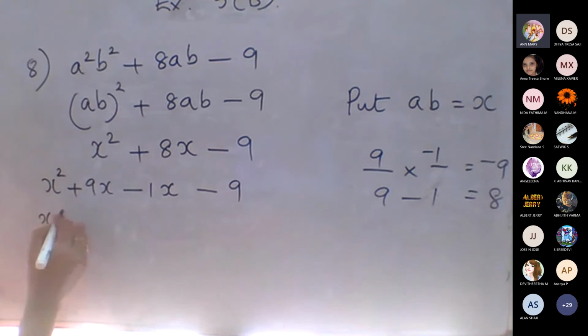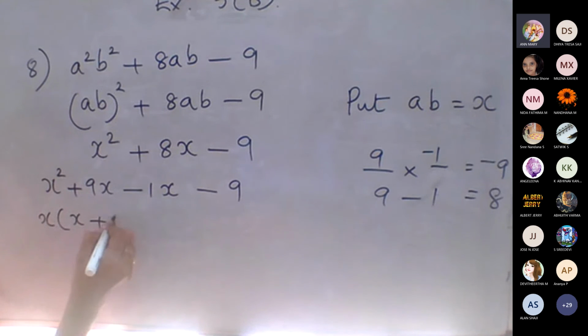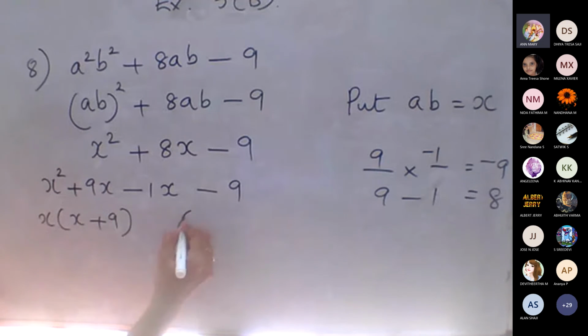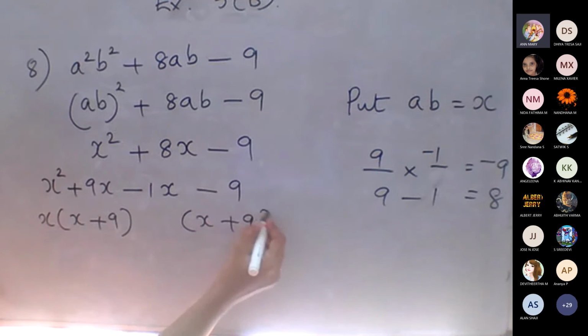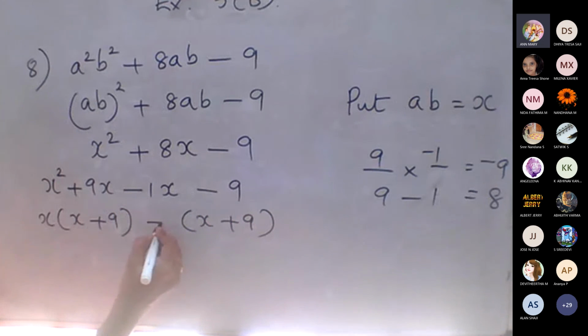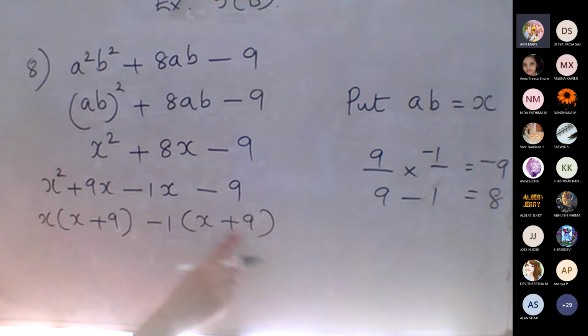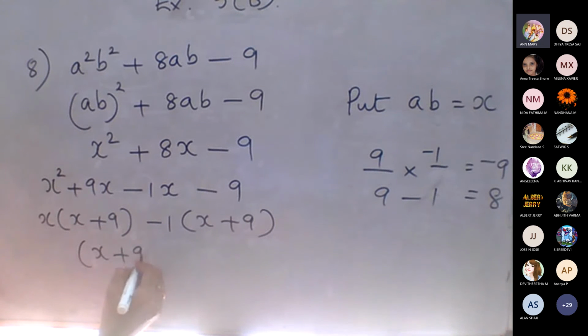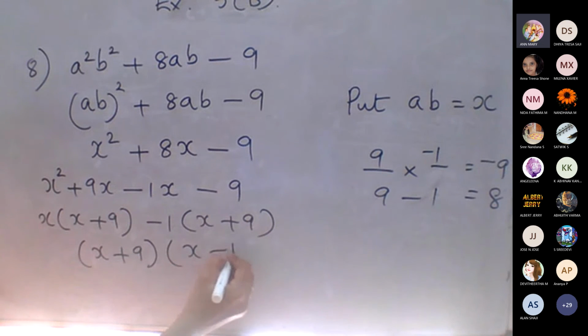From here, x we can take common. Then x plus 9. Then same x plus 9 we can take right here. Then negative 1 into x, negative 1x. Negative 1 into 9, negative 9. So here we can write it as x plus 9 into x minus 1.